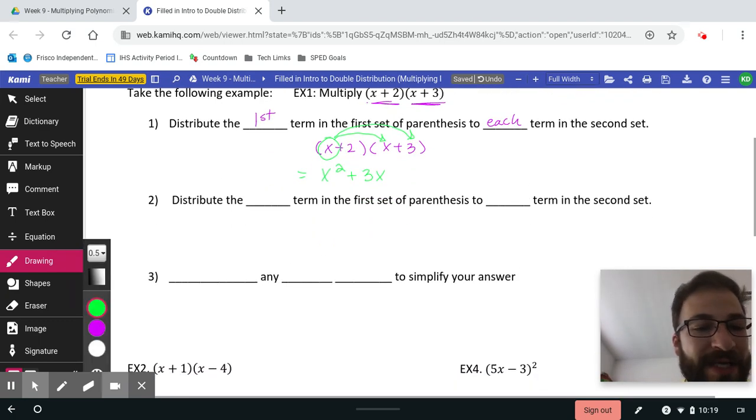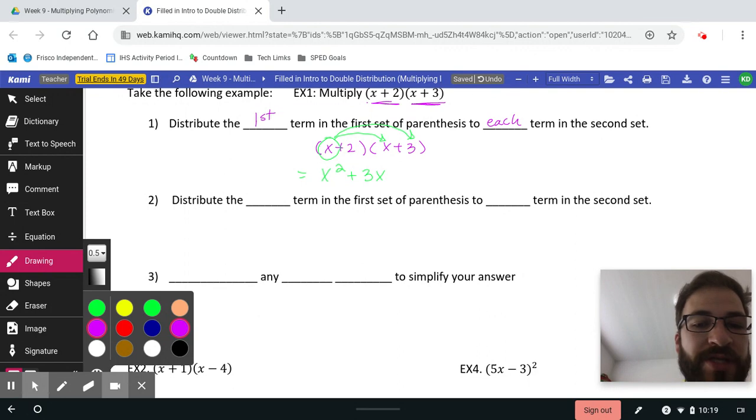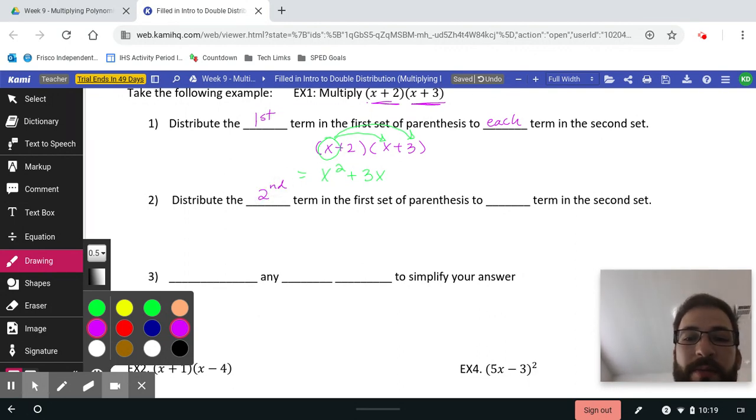Now my second piece is that we're going to distribute the second term in the first set of parentheses to each term in the second set. So we've already distributed our first term. We still have x plus 2 times x plus 3.